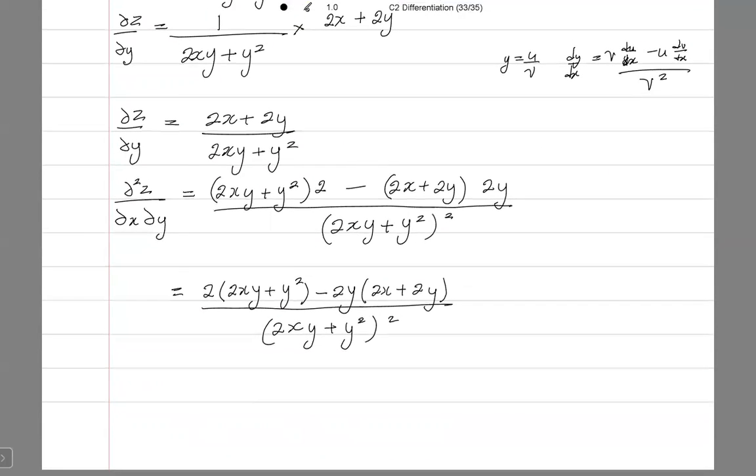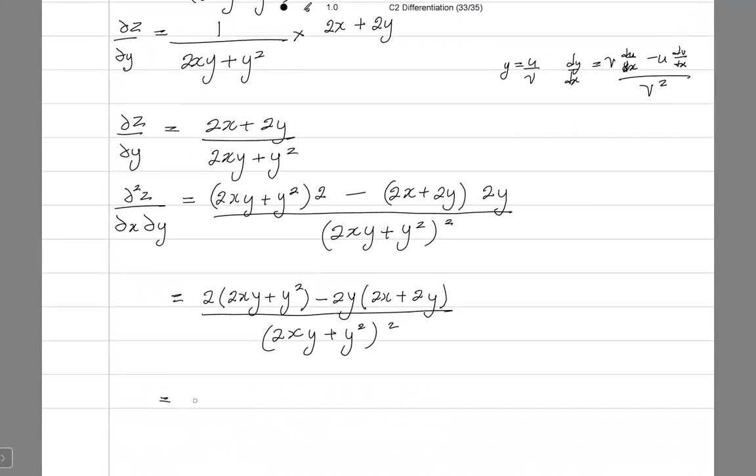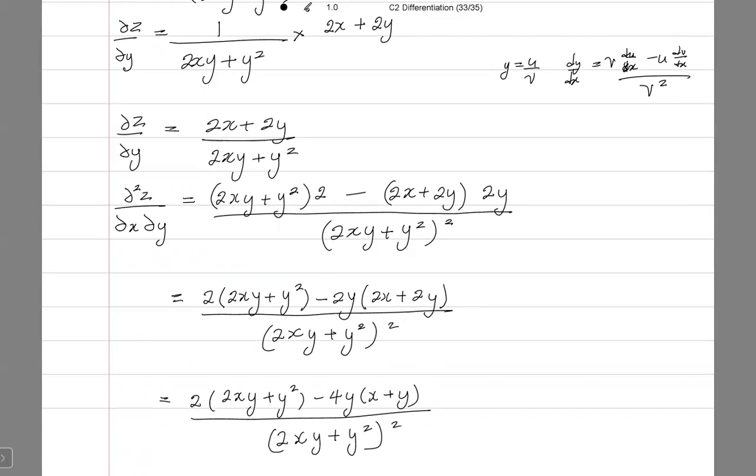So let's just do what I said I was going to do. We have 2 into x, 2x squared, 2xy plus y squared minus 4y into x plus y, all over 2xy plus y squared, all squared.